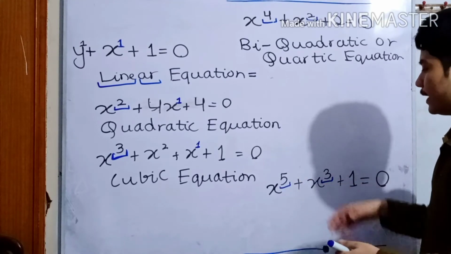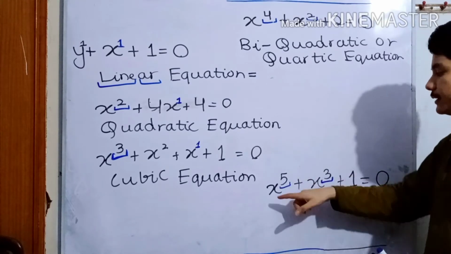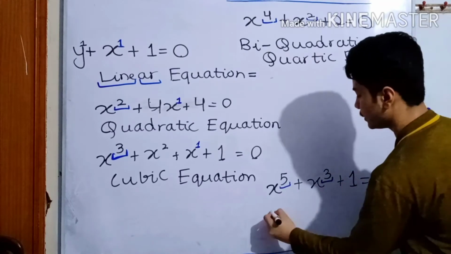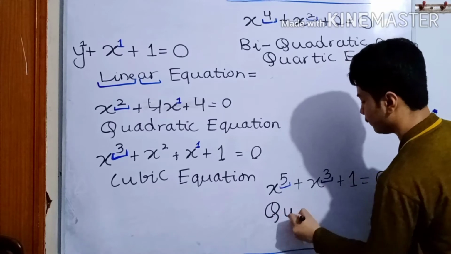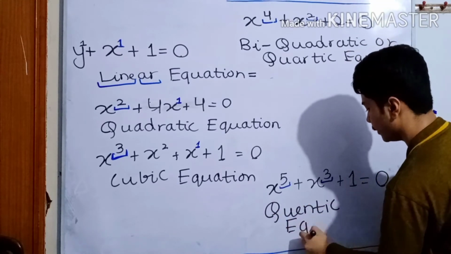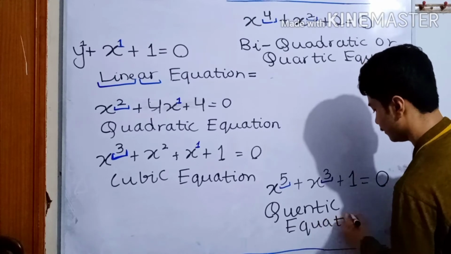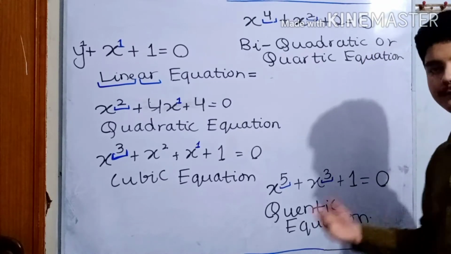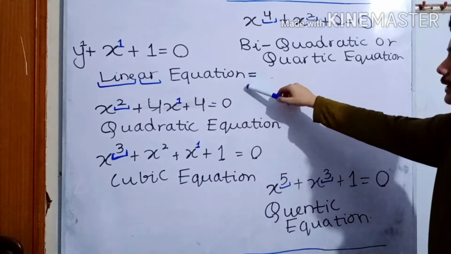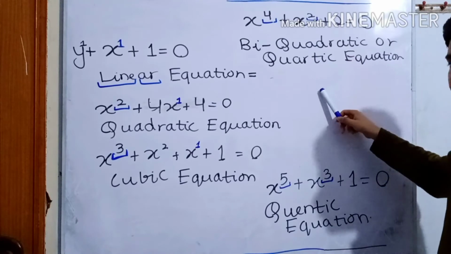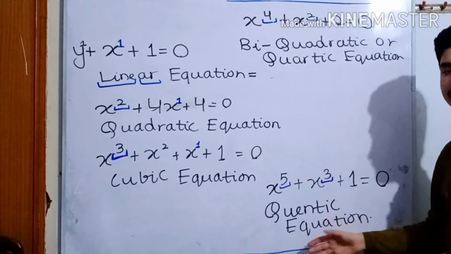So when an equation contains a variable with a highest power of 5, then the equation is known as a quintic equation. So we have so far discussed 5 types of equation: linear, quadratic, cubic, biquadratic or quartic, and quintic.